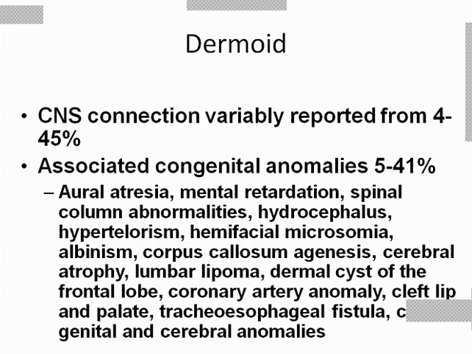hydrocephalus, hypertelorism, hemifacial microsomia, albinism, corpus callosum agenesis, cerebral atrophy, lumbar lipomas, cyst of the frontal lobe, coronary artery abnormalities, cleft lips and cleft palates, tracheoesophageal anomalies, then cardiac, genital and cerebral anomalies.